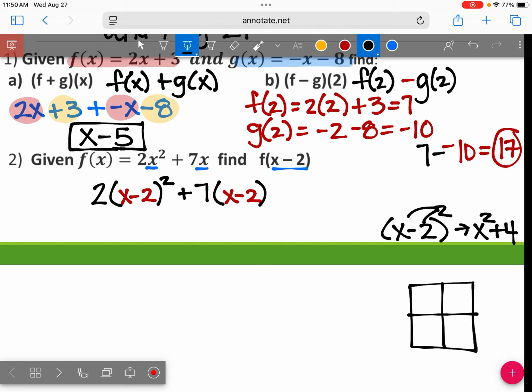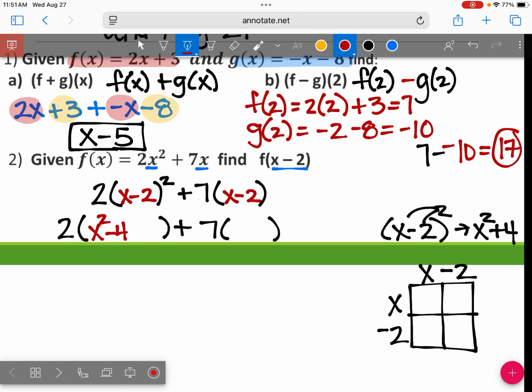And I don't care which way you do it. You don't have to make a box. You can FOIL, you can use the distributive property, but you need to multiply x minus 2 times x minus 2. If you do it correctly, I'm not going to show my steps, but you would get x squared minus 4x plus 4. And then this is x minus 2.